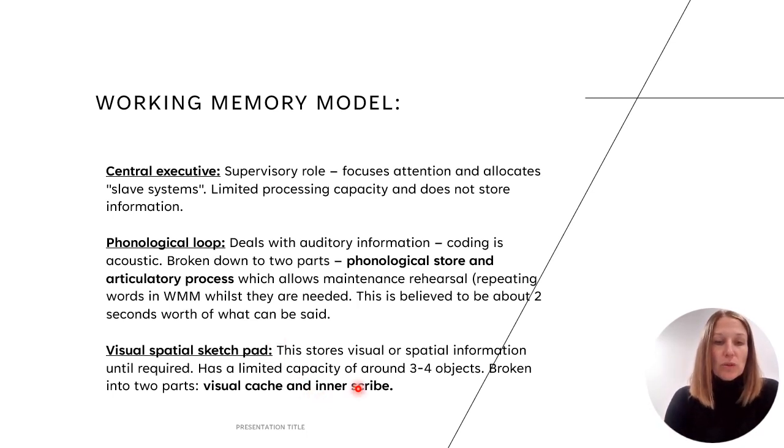And then you've got the visual spatial sketchpad. Obviously, I've talked through that. Again, it has limited capacity of around 3 to 4 objects, and it's broken into 2 parts: the visual cache and the inner scribe. So the visual cache stores visual data and imagery, and then the inner scribe records the arrangement of objects in the visual field.